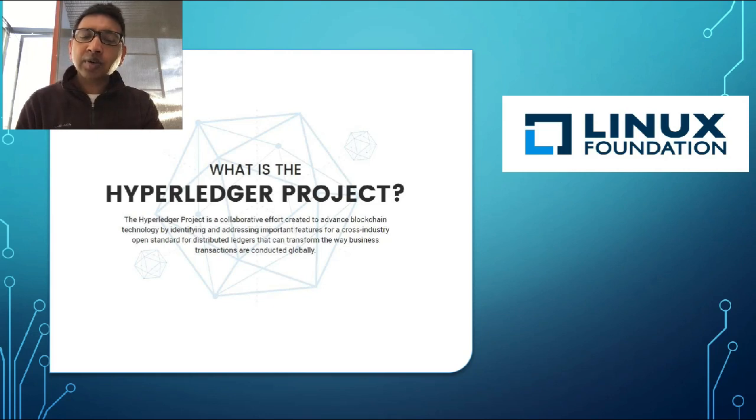Hyperledger is an umbrella project of open source blockchain and related tools started in December 2015 by the Linux Foundation. In essence, Hyperledger does not refer to a specific technology or a tool. It refers to a project under which multiple development teams are collaborating to create open source blockchain and distributed ledger technologies.